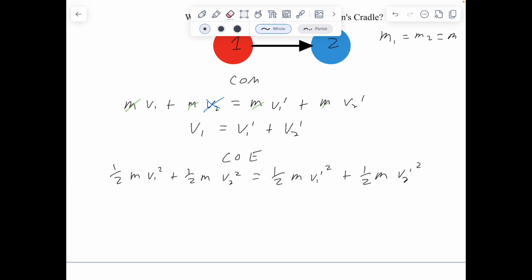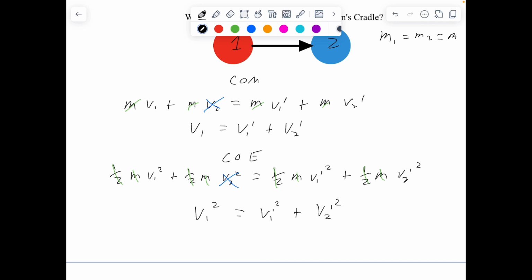We'll just call it generic M. Then we get to cancel a bunch of stuff. Oh, so satisfying. We cancel out all the 1/2s and all the masses. Just like with conservation of momentum, ball number 2 is initially at rest, so those terms go away, and we get V1 squared is equal to V1 prime squared plus V2 prime squared.